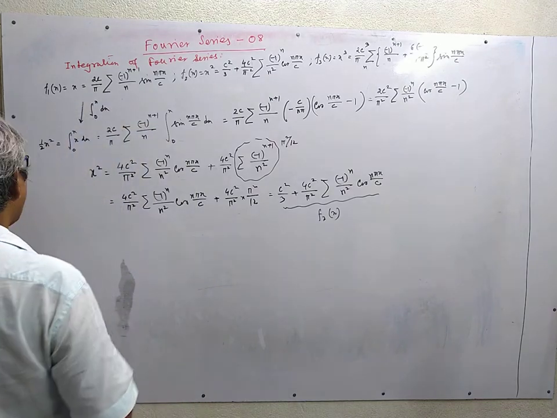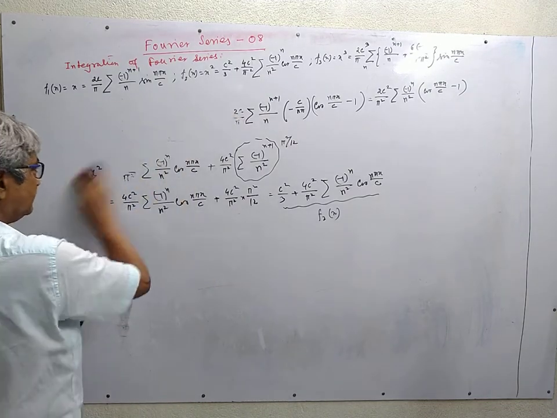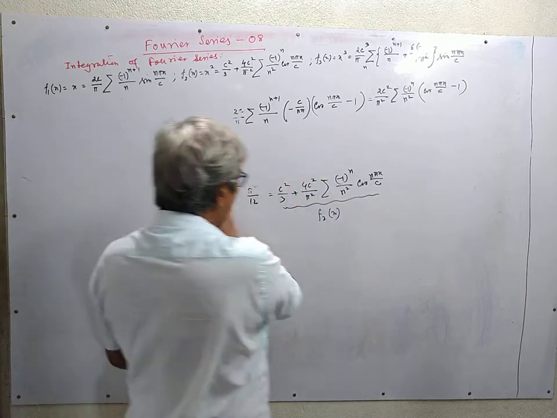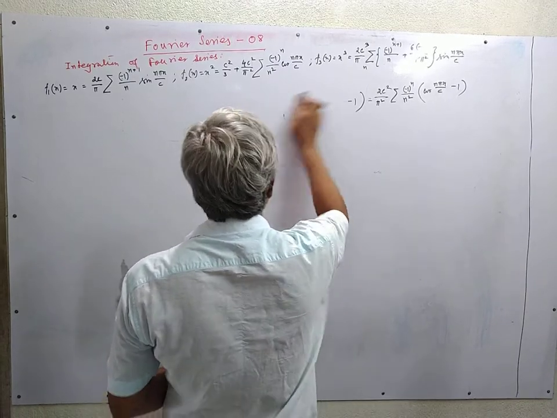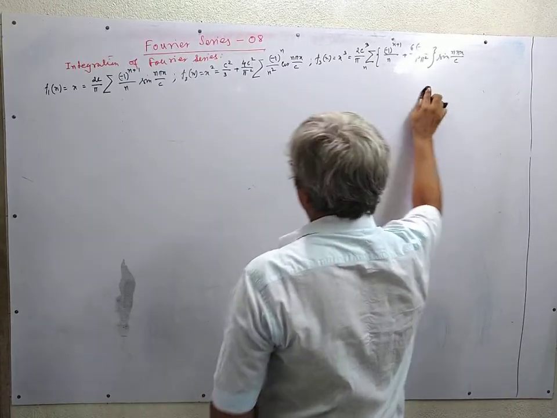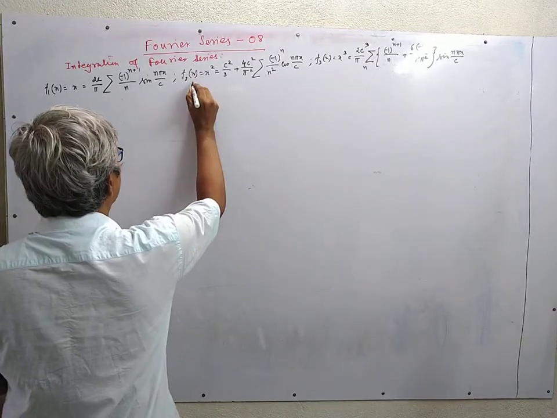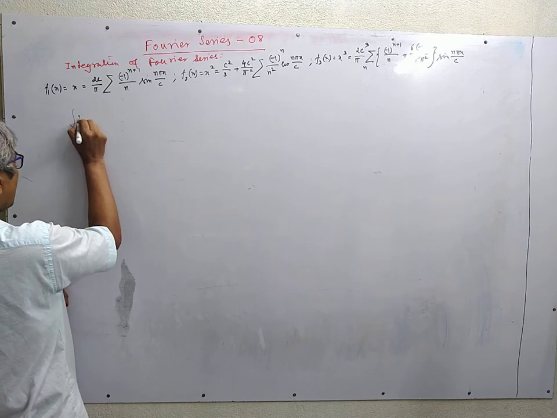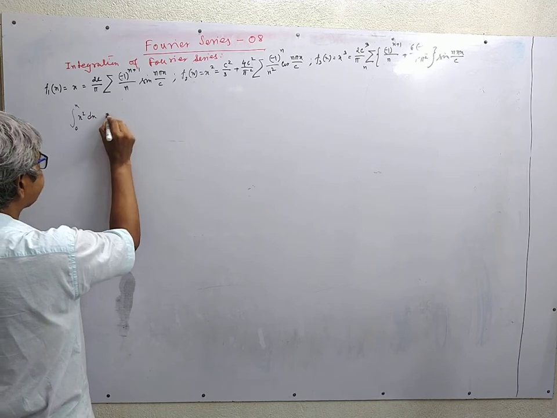We shall consider one more example of this category. Now we integrate F2. We integrate F2 and see what happens. So we integrate x squared dx from 0 to x.